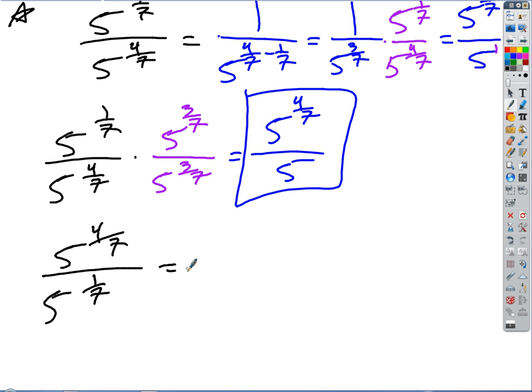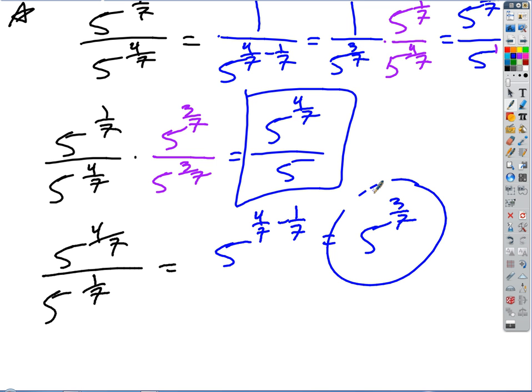This time, the exponent on the top is bigger, and so we're not going to have the problem of being stuck with a fractional exponent on the bottom, right? This time we can just go directly to our answer, which is 5 to the 4 sevenths minus 1 seventh, 5 to the 3 sevenths, and we're done. Whoa. Right?